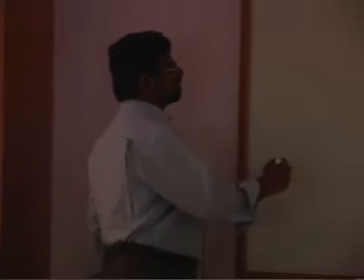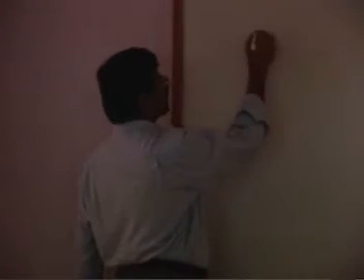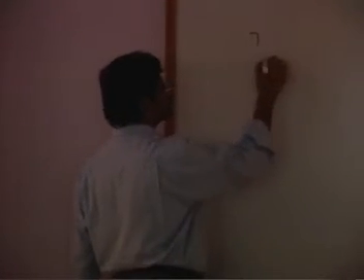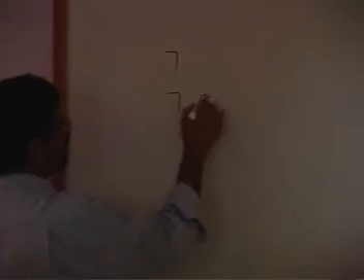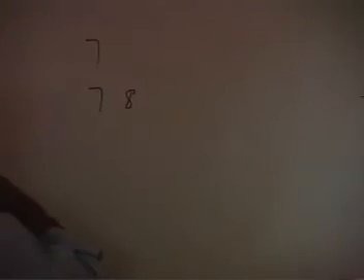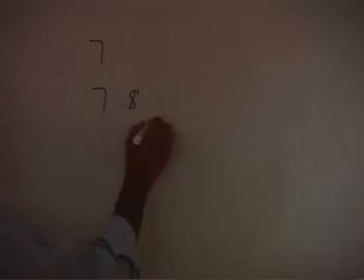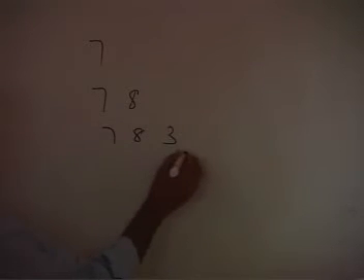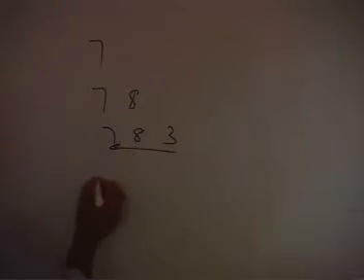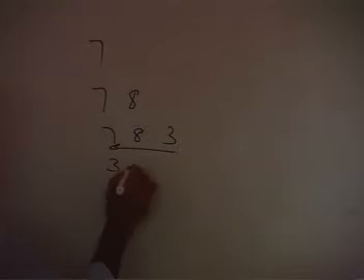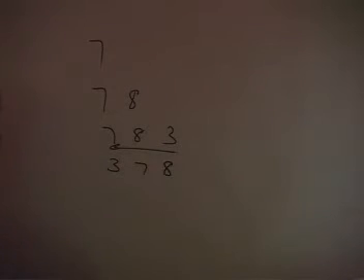In insertion sort, what we do is you take an element, and let us take the next element is 8, and the next element is let's say 3, then 7, 8, 3. 3 goes all the way up and becomes 3, 7, 8.